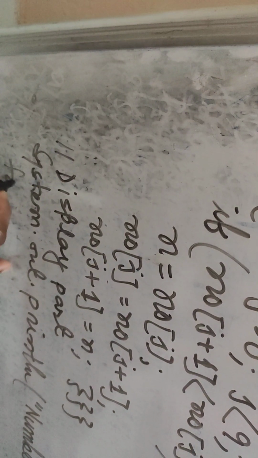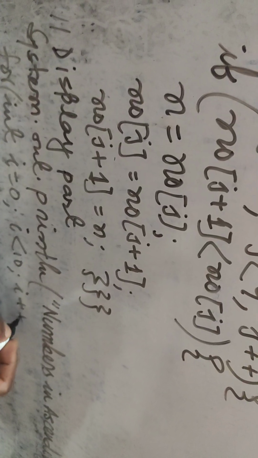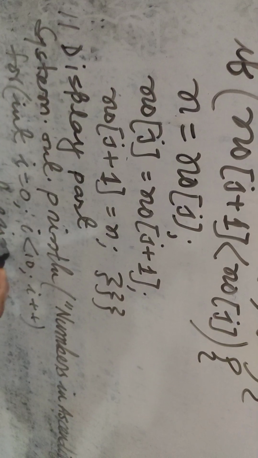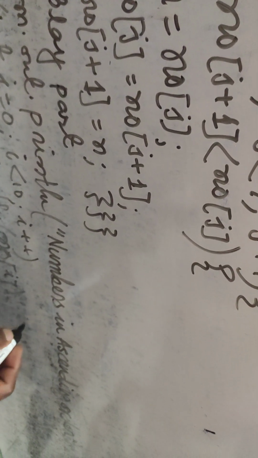Okay, now one more loop you have to give for the display part: i equal to 0, i less than 10, i plus plus. Now System.out.println number of i. Okay, now close it. So this is now your program of the bubble sort technique.